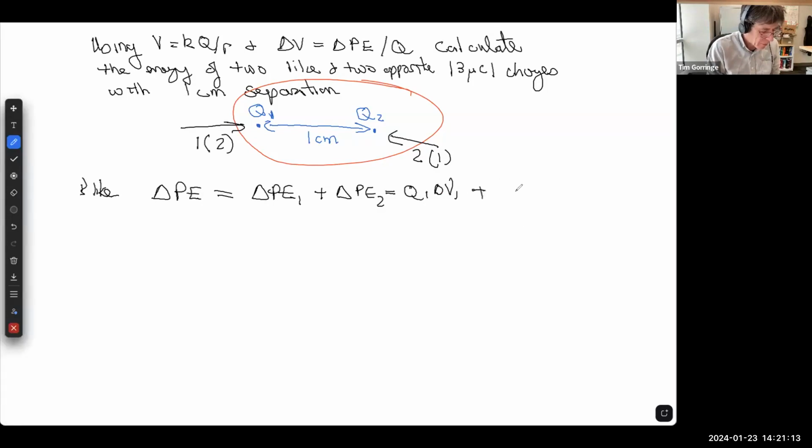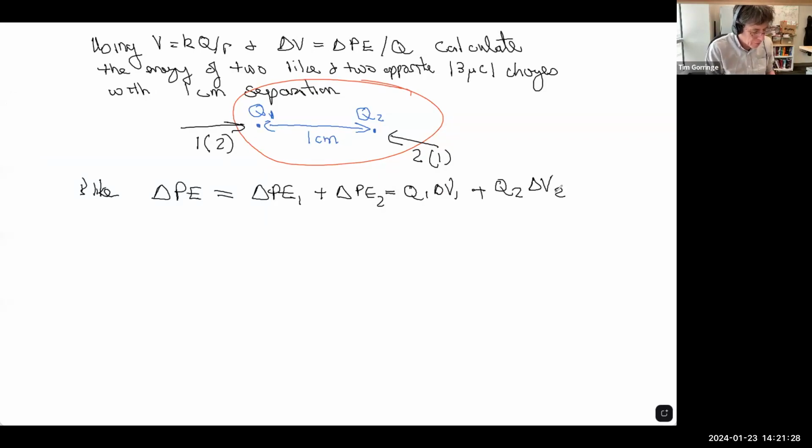And then I'm going to write for the second charge here, when I move that in, its change in electrical potential energy as its charge times the change in electrical potential that it experiences. Well, so now the question becomes, when I bring in this first charge from far away, over to here, in the middle of the whiteboard, what is the change in electrical potential?